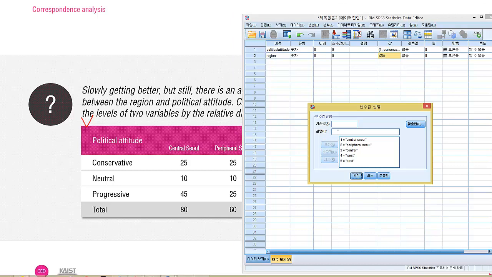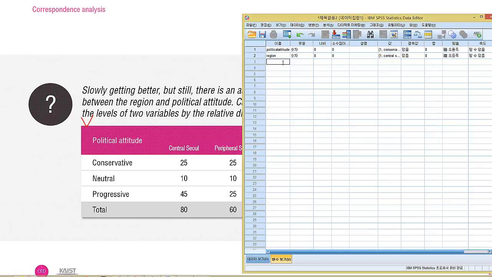So we assigned each level with the regional information. And as a third variable, we create the frequency. Actually, that corresponds to the weight of each cell. So let's name this frequency. And we don't need any decimal points either.